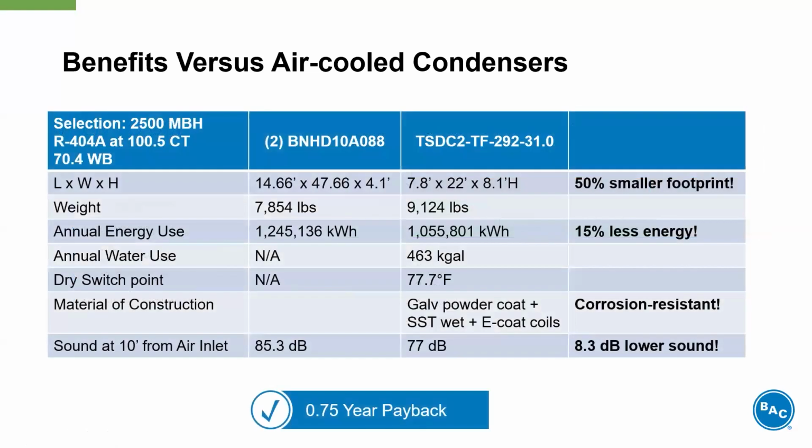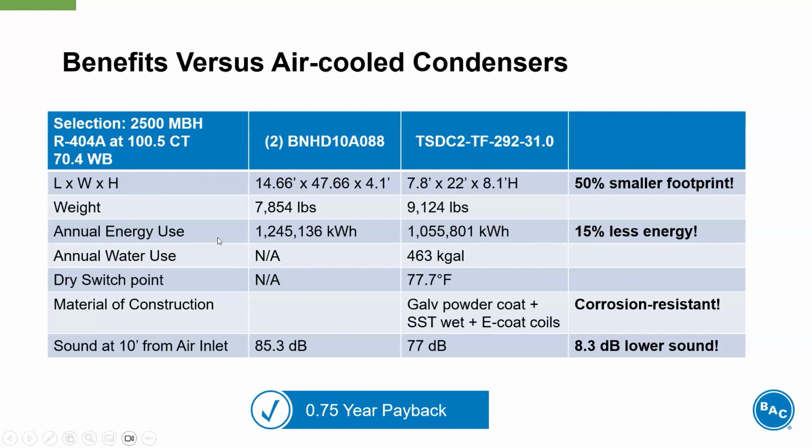And let's see what that looks like with some actual equipment numbers. So here we're using the medium-sized system, 2,500 MBH in a dry climate as an example. 50% smaller footprint for an adiabatic product compared to a comparable air-cooled.